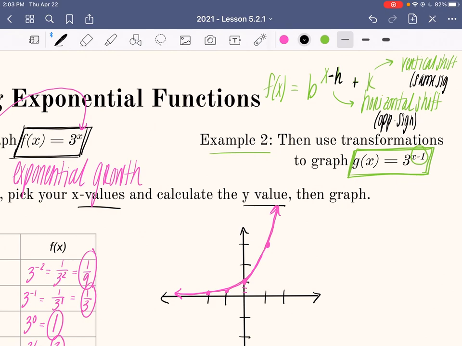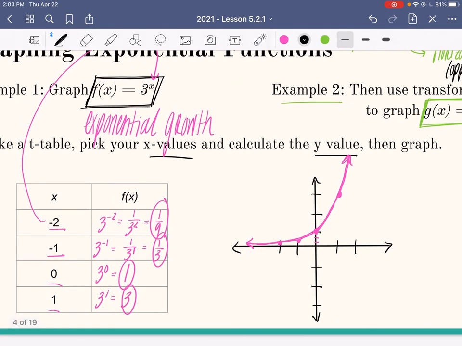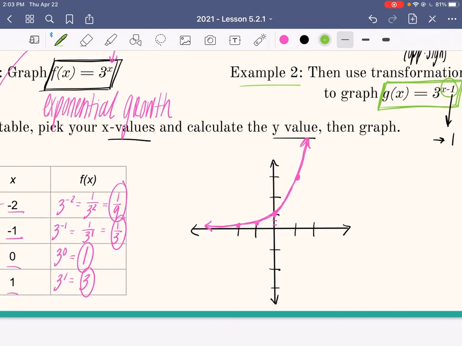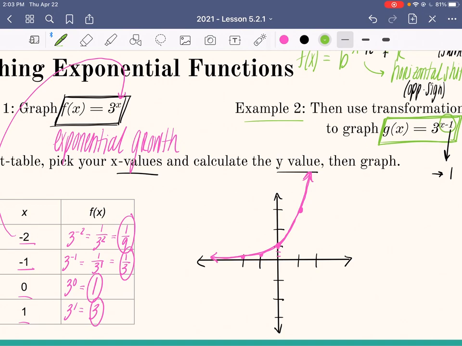Based on just this shift, I can shift this. This is a -1, so the opposite is to the right 1 unit. For all of these point values, I'm just going to shift them to the right 1 unit. So this one would now be (-1, 1/9).